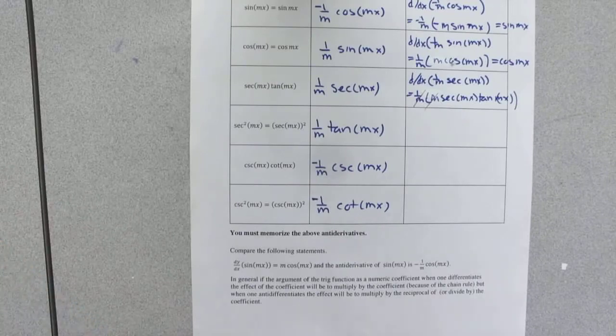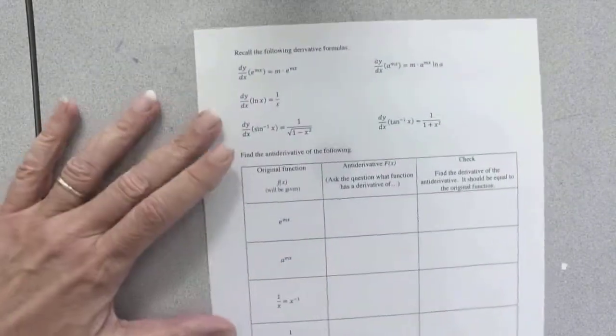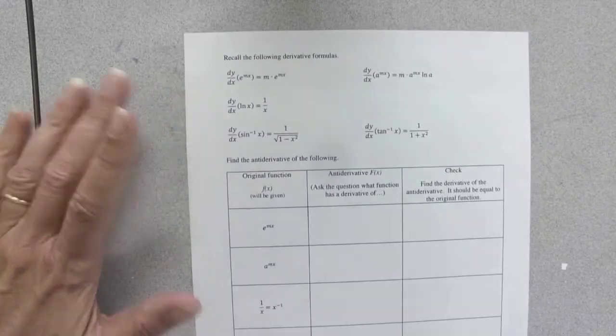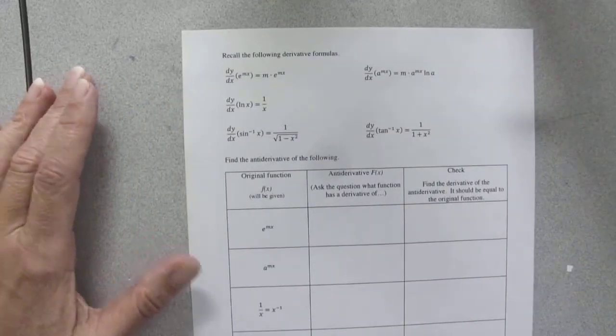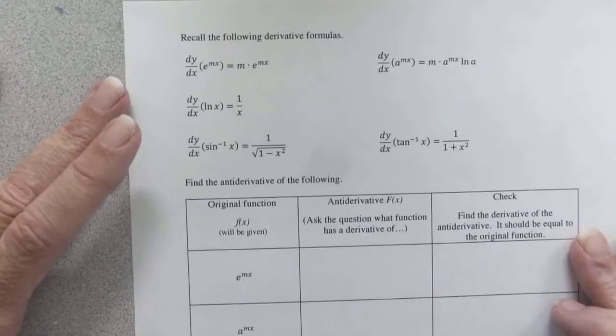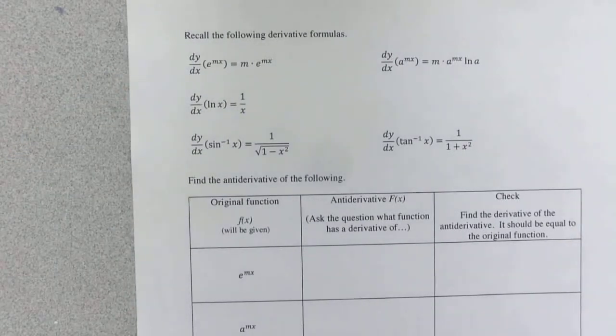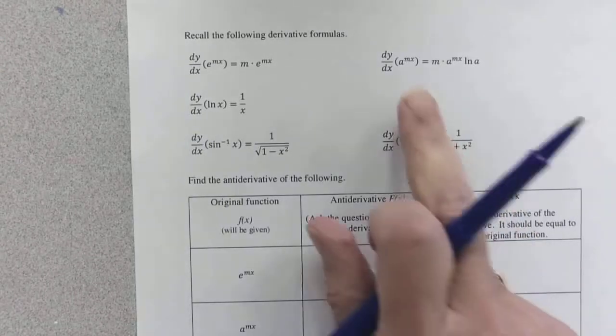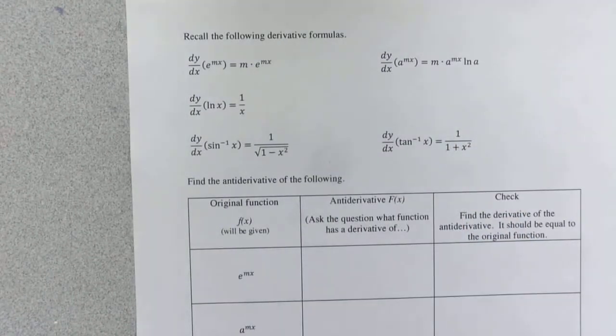Okay. Next piece of paper. Recall the following derivative formulas. Let's zoom in just a little bit so we see a little better. The derivative of e to the mx is m times e to the mx. The derivative of a to the mx is m a to the mx natural log of a.